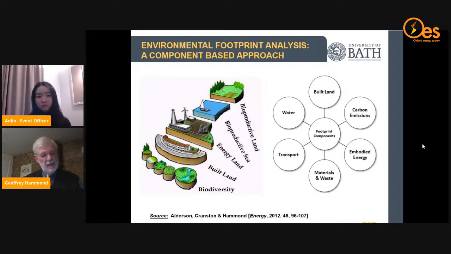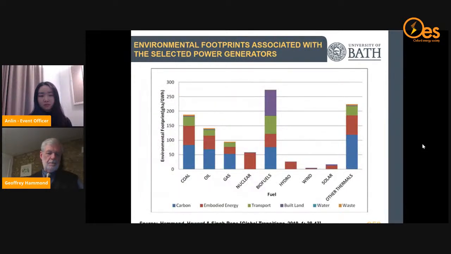So the slide on the left-hand side is simply diagrammatic. And the one on the right-hand side indicates the sort of component base that you might want to get. So we want to get an indication in terms of a common measure, and this measure is in global hectares, so a measure of the size, the land size, of built land, carbon emissions, embodied energy, materials and waste, transport, and water. Next slide, please.